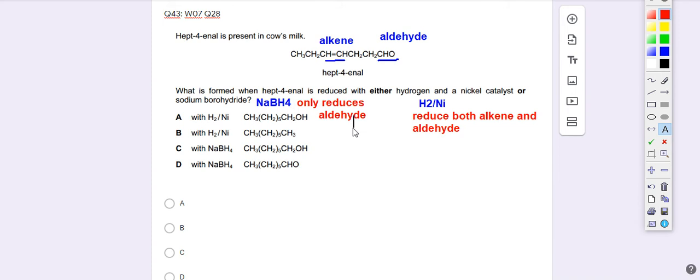Alright. If an aldehyde is reduced, it will form a primary alcohol. If an alkene is reduced, it will form an alkane.